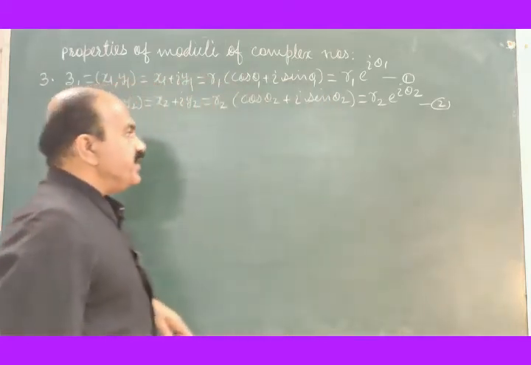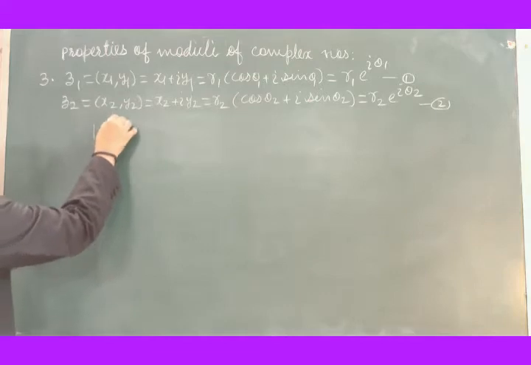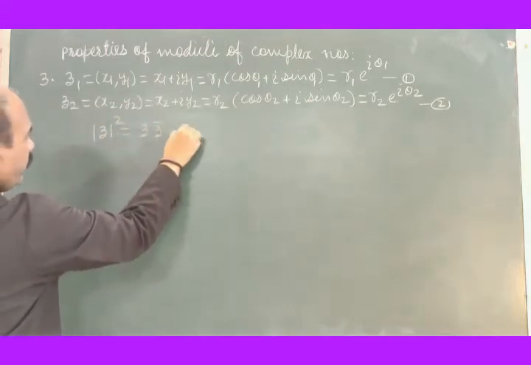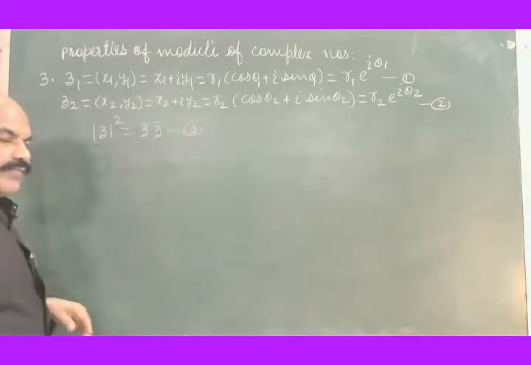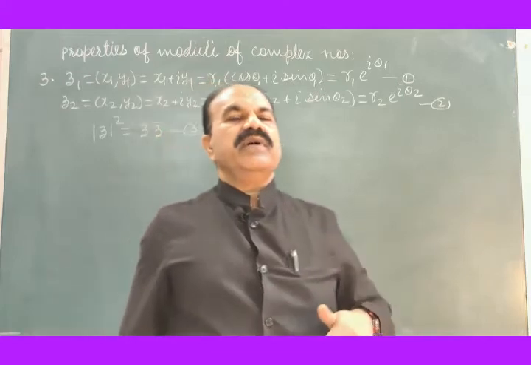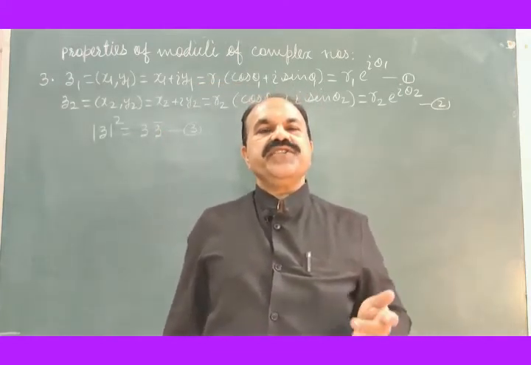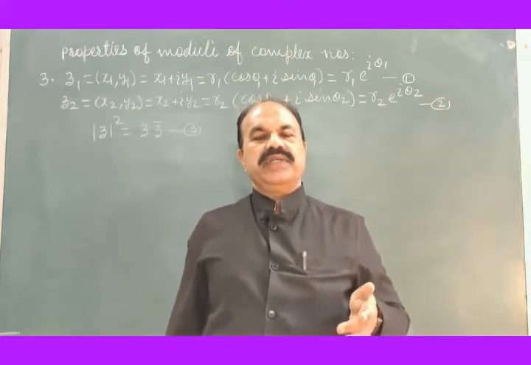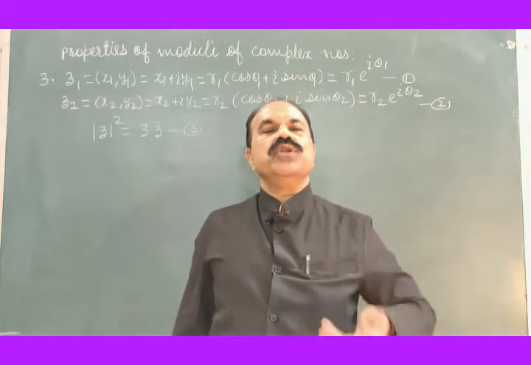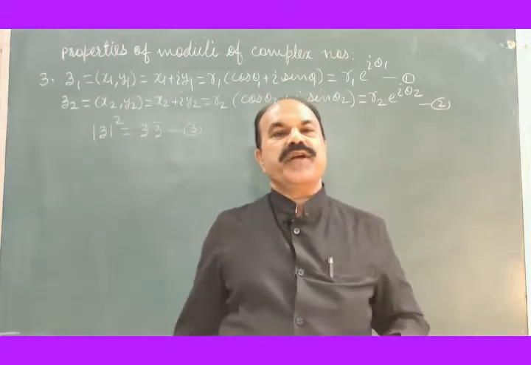One of them is: product of a complex number and its conjugate is equal to square of modulus of the number. This is equation number 3.